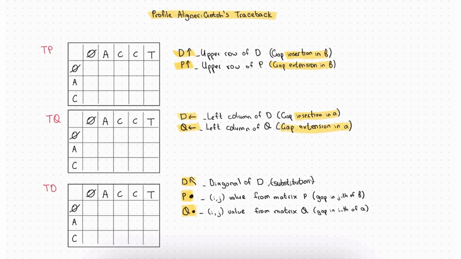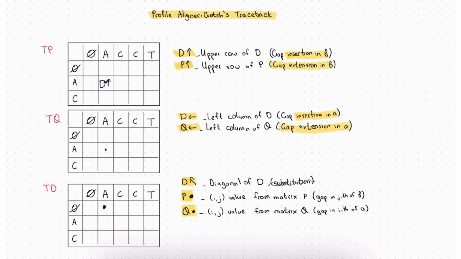Now, I know this sounds like a lot of information, so let's follow one example. Remember how we started filling out our matrix from this cell. Because we had infinities in the first row of matrix P, we took the value from the upper row of matrix D. Therefore, we would fill out this cell as D upper.